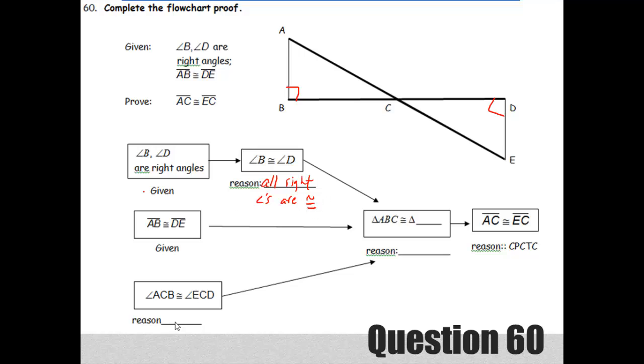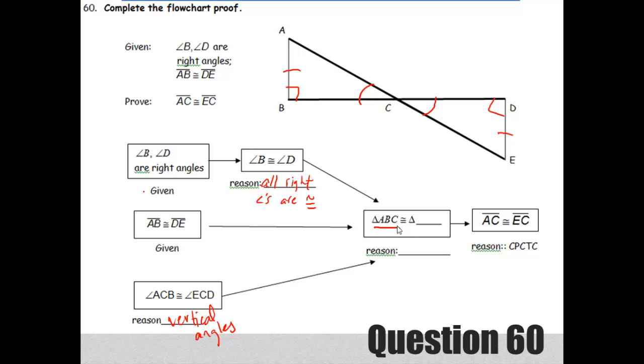Okay, and then down here it says ACB. Well, first let's write that, because AB is congruent to DE. But down here it says angle ACB, this guy right here, is congruent to ECD, so this angle. So those two angles are congruent, and why? I think everybody knows that. They are vertical angles.